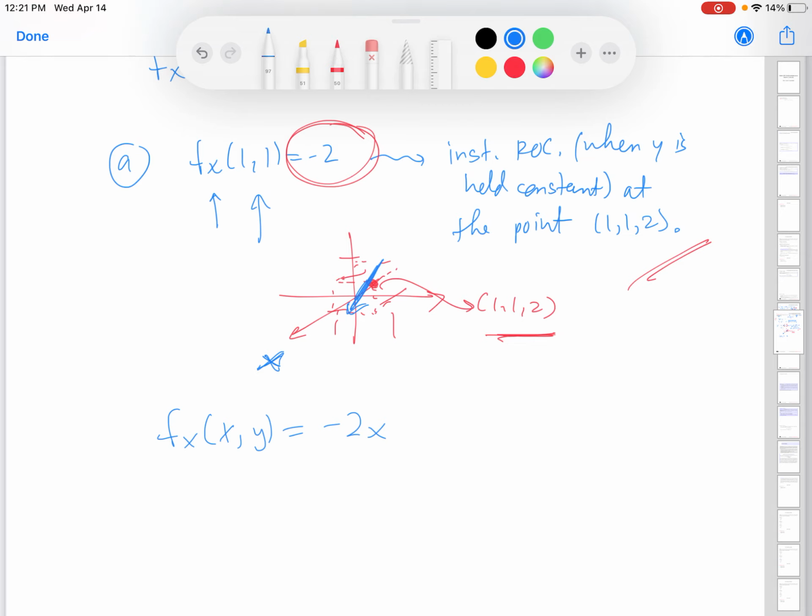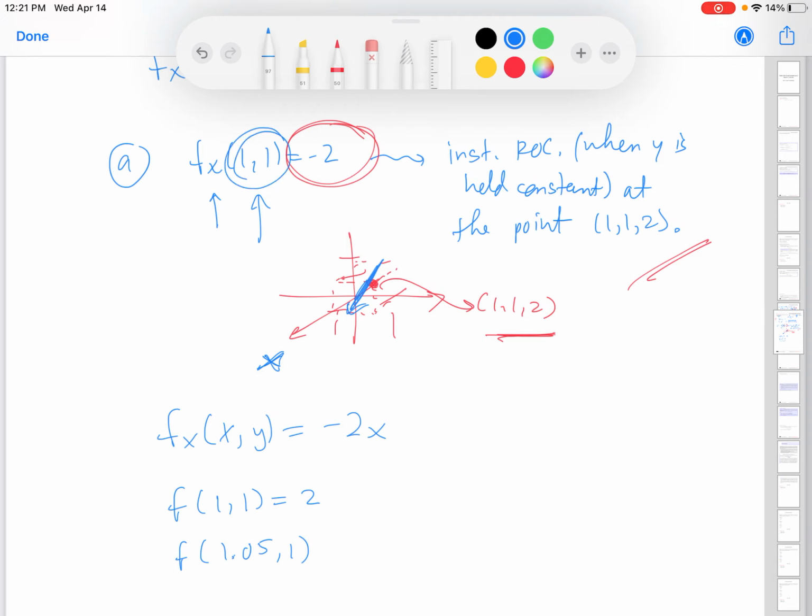So what do I mean? Well, we know f of 1, 1 is 2. How about f of, let's say, 1.05 and 1? Right, so moving a little bit away from the point I calculated the instantaneous rate of change at.